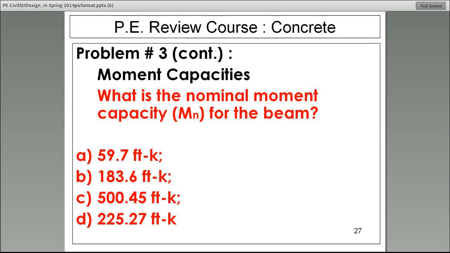All right. What do you think, guys? Caleb, what do you think? Jacqueline says 225 foot kips, and she's absolutely correct.